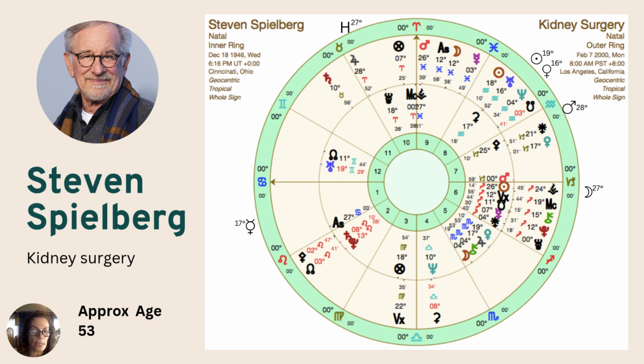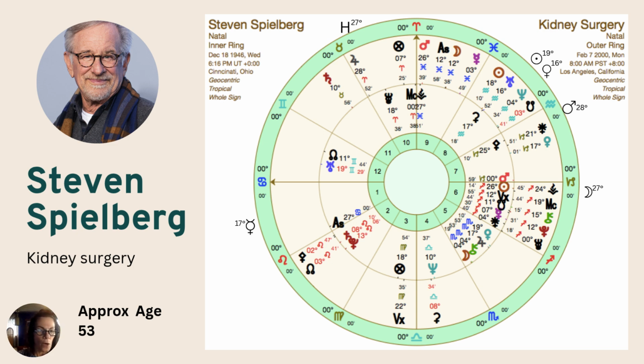And Mars happens to be in Pisces, which of course is hospitals. Mars is surgery. And there is also an inconjunct between this moon at 27 degrees in the sixth house and his ascendant at 27 degrees in Cancer, his first house, right?